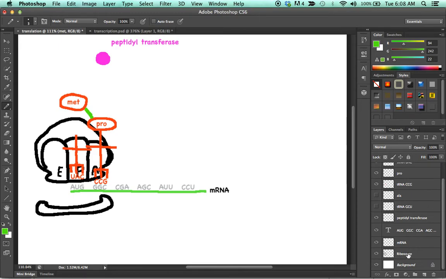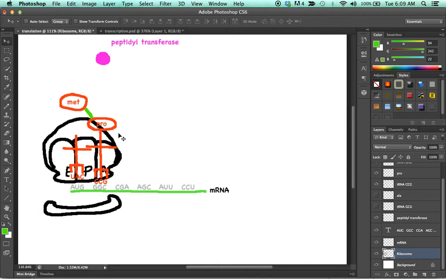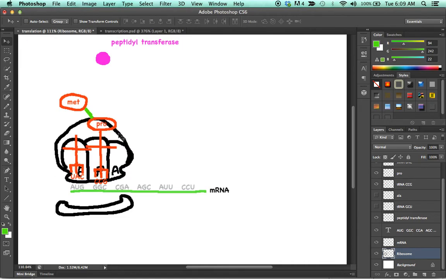What happens next is the ribosome will slide along the mRNA molecule, and once it slides, can you see that now the A site is unoccupied, while the E site is now occupied by the first tRNA molecule.